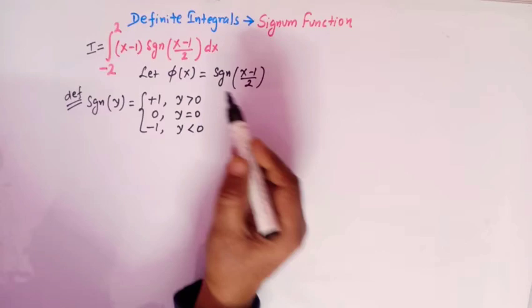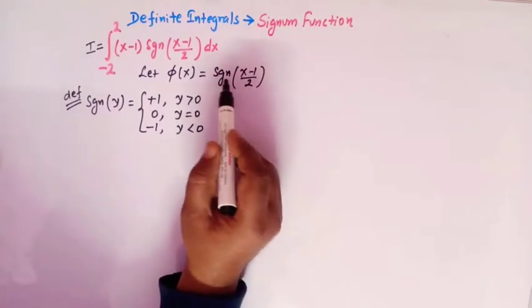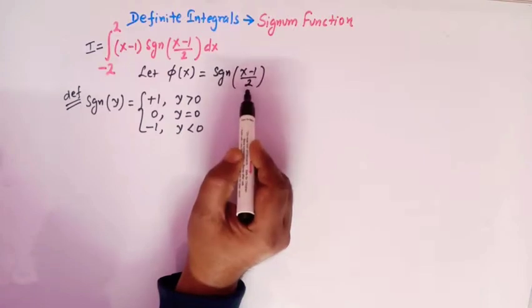Here we are given the function as signum of x minus 1 over 2.